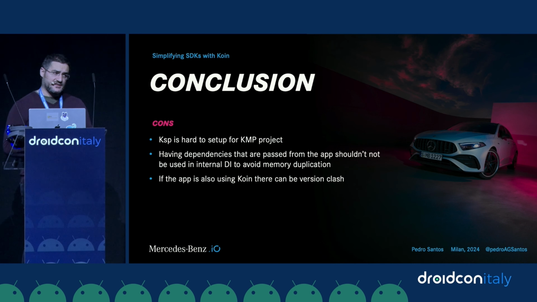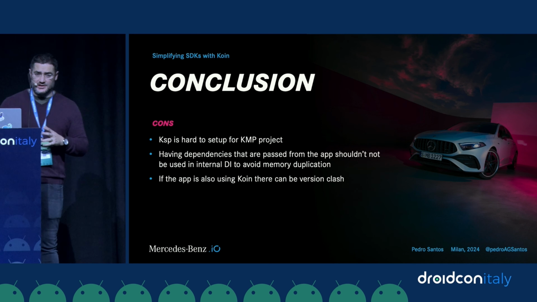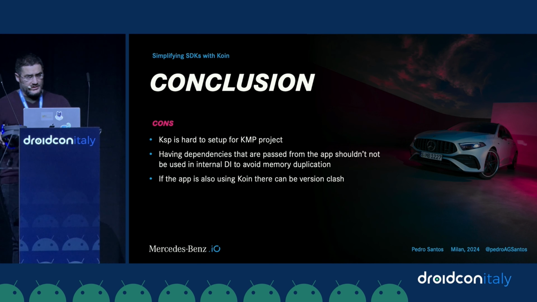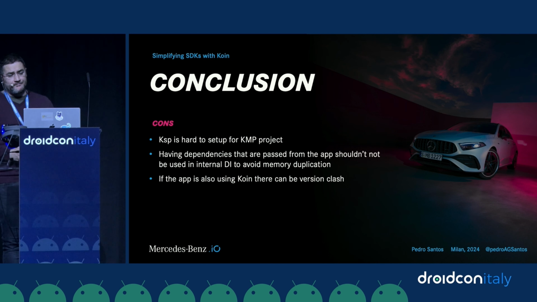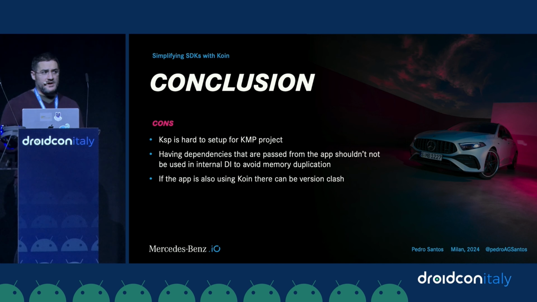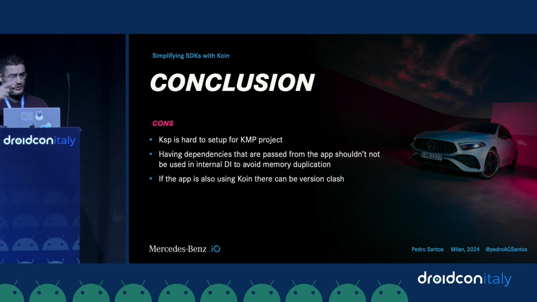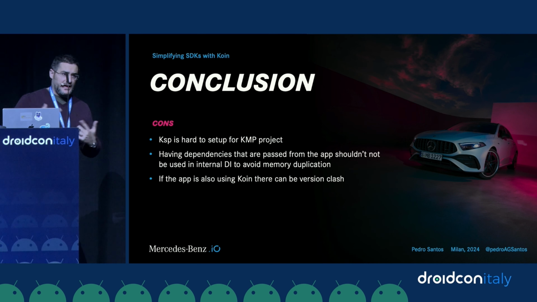Having dependencies passed from the app, which might be using another DI, and then using them inside of your SDK, you need to be careful with that, all right? So you need to know what you are actually declaring as singletons and then providing. And we only had one issue, it was very small: if your app is also using Koin and they are too far apart in versioning, it might be a clash, right?